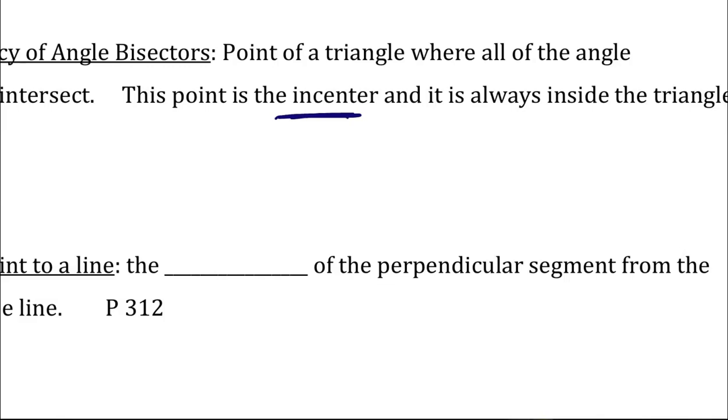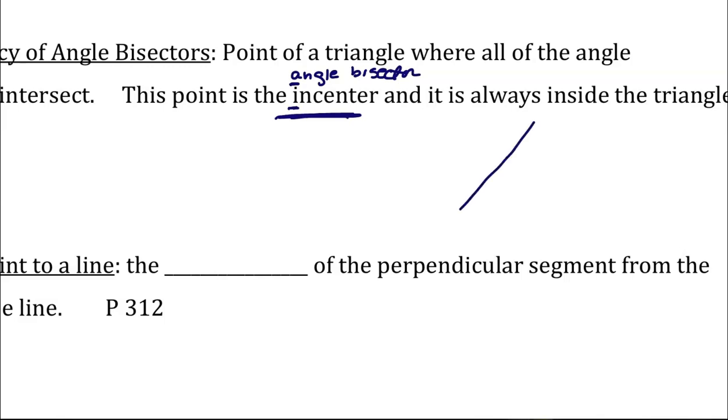Now remember, we just did perpendicular bisectors, and where they intersect is called the circumcenter. So this is the in-center. One suggestion would be to recognize that in-center starts with a vowel, and so does angle bisector. So try making an association so that you can remember these different terms.